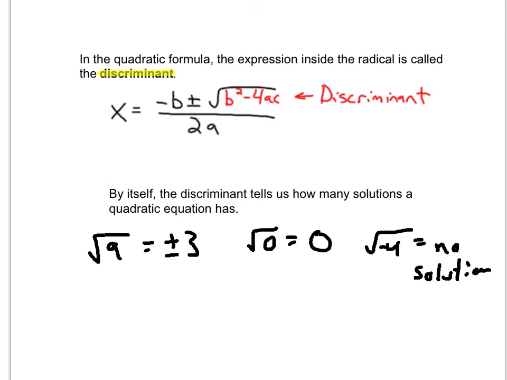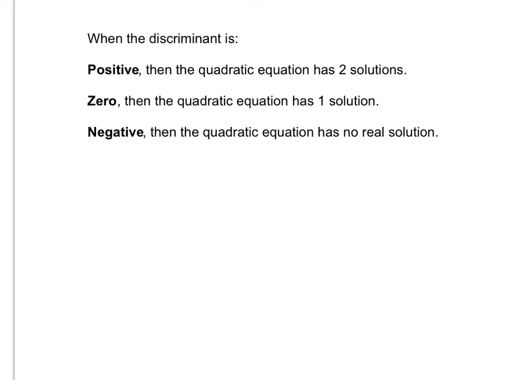So let's look at that stuff on the next slide here. When the discriminant is positive, then the quadratic equation has two solutions. So for example again, the square root of 9 is positive and negative 3. So when the number under the radical is positive, there's going to be two solutions.